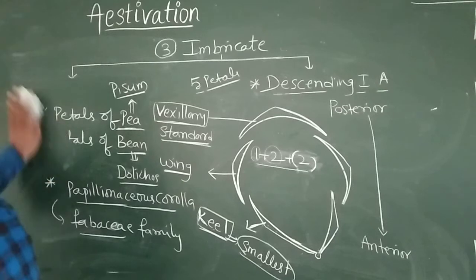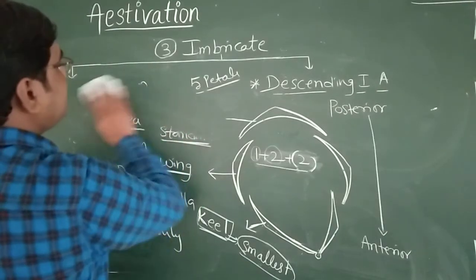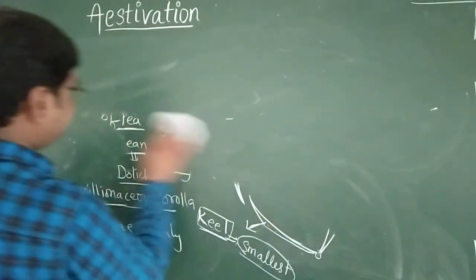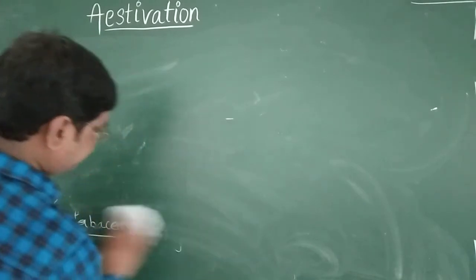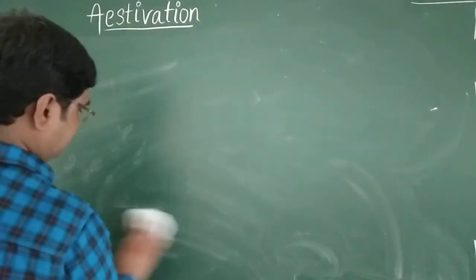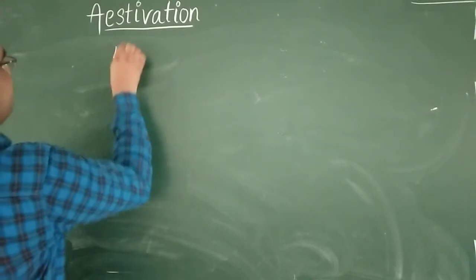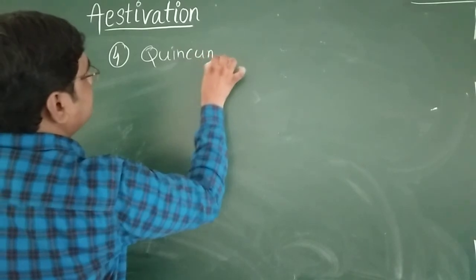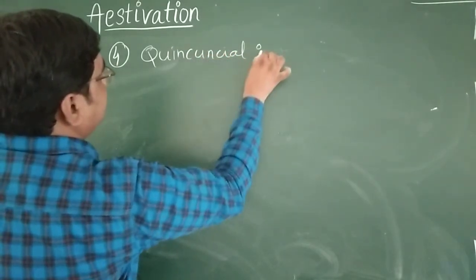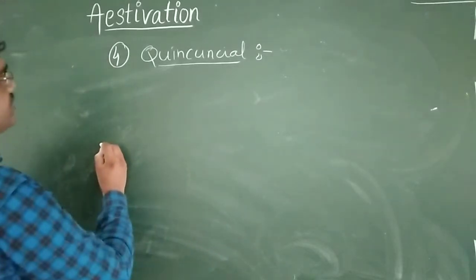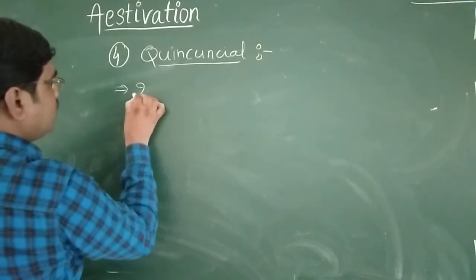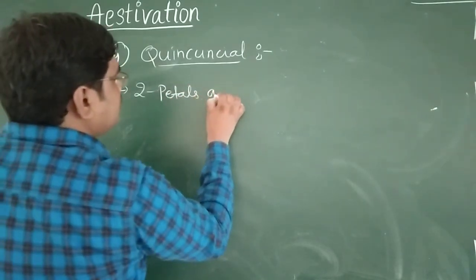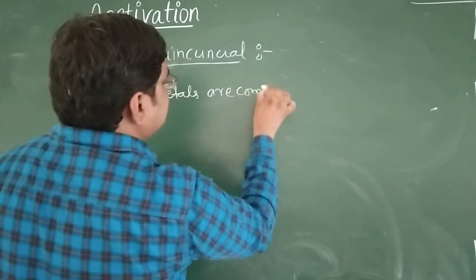Okay. Next, the fourth type of aestivation is called quincuncial aestivation. In this type of aestivation, two petals are completely outside.